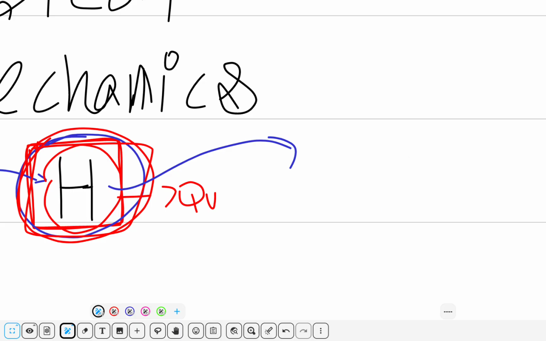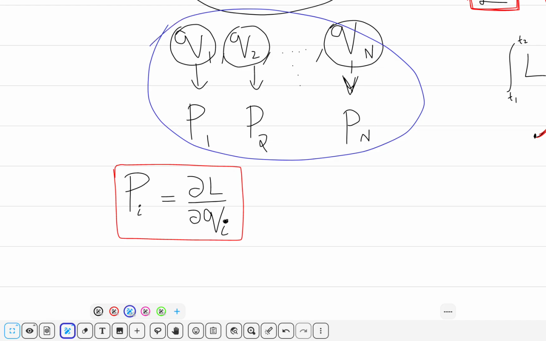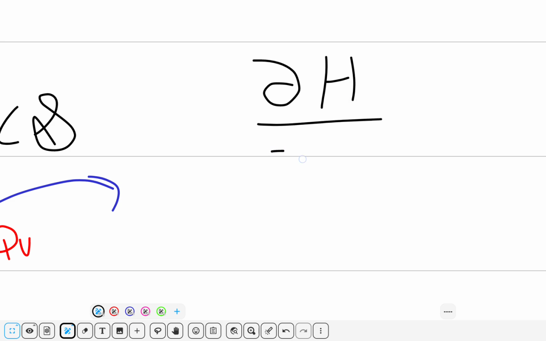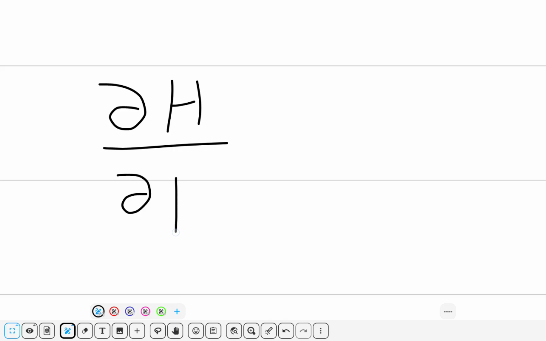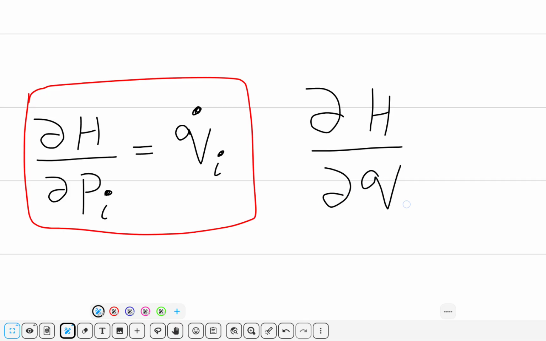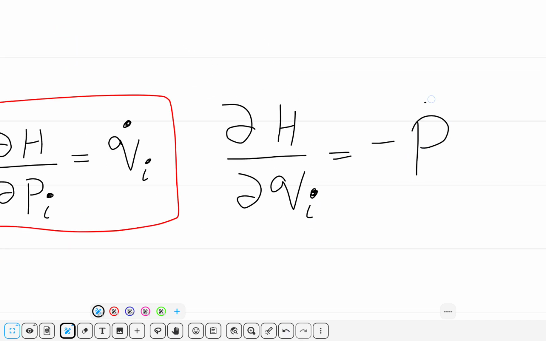Now, Hamiltonian: if these coordinates follow that path which minimizes the action, then this is how, according to Hamiltonian, it is written. So this is how it's written.